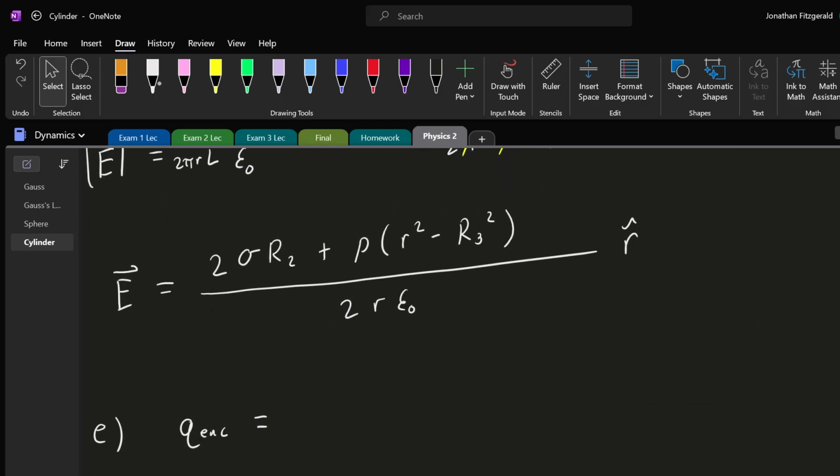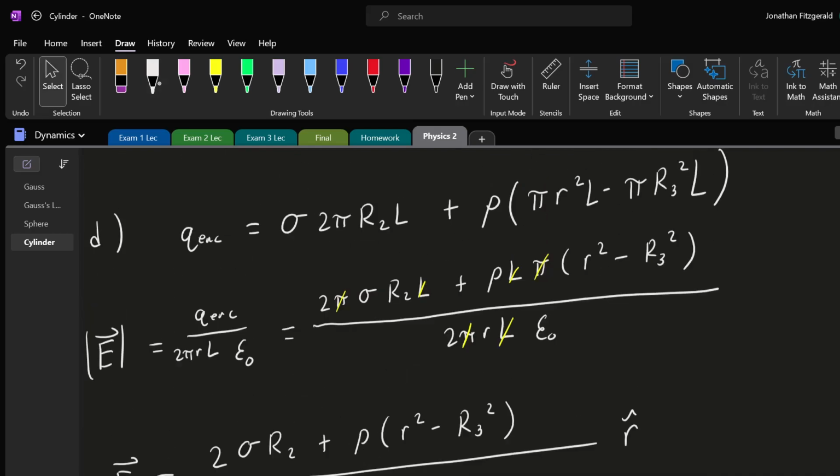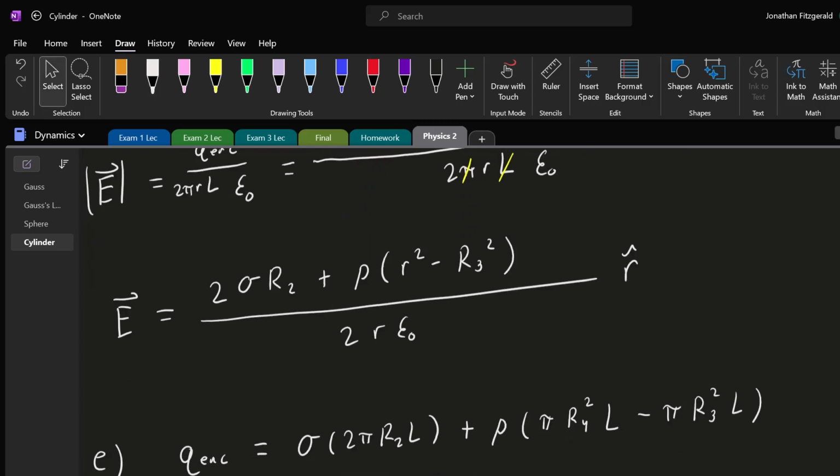So we can write the charge enclosed is still sigma 2 pi R2 L plus rho times pi R4 squared, it's no longer little r, it's R4 squared, times L still, minus pi R3 squared times L. Boom.